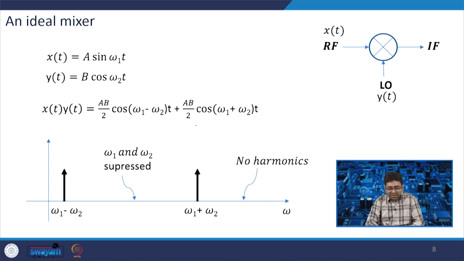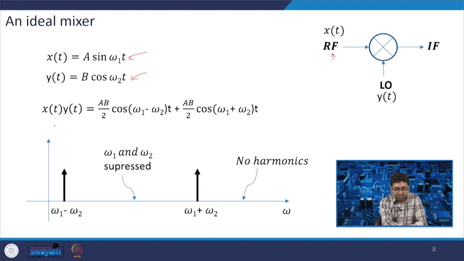So, for an ideal mixer, same thing, if you use a sin omega 1 t, that is x(t) here, and then y(t), which is b cos omega 2 t, which is the LO signal.